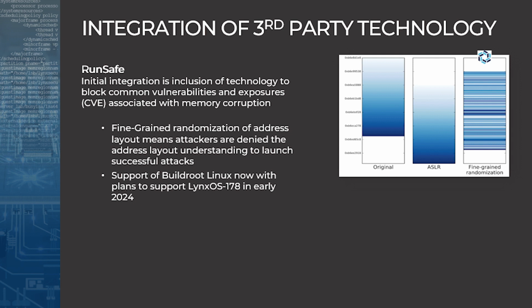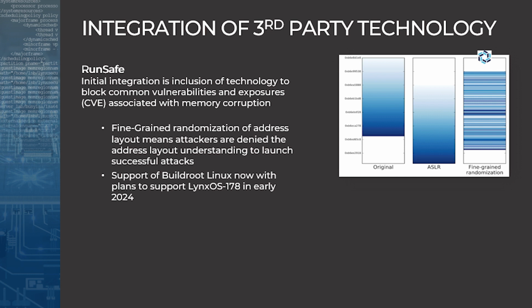What RunSafe technology does is it randomizes the address layout for your Linux-based applications. So if people are able to compromise the operating system, it's very hard for them to work out where in memory that actual application is, because we've randomized it and split up all the different libraries.